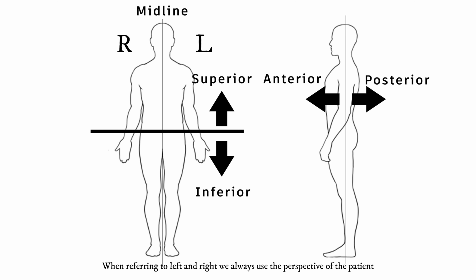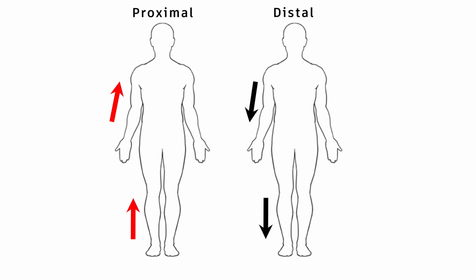Okay, what else? Well, we have proximal and distal, and this is used all the time in TV shows. Now, this is only used for extremities, so legs and arms. If you have a wound on an arm, you need to explain where the wound is located, okay? Now, proximal means closer to where the extremity originates.